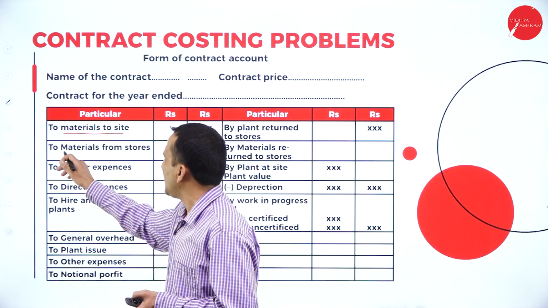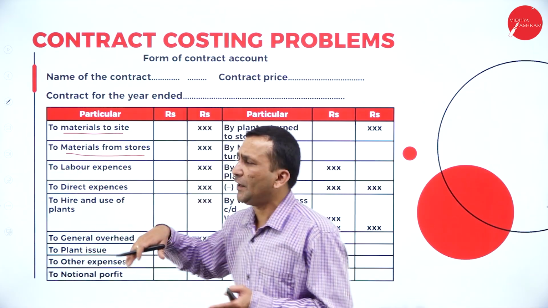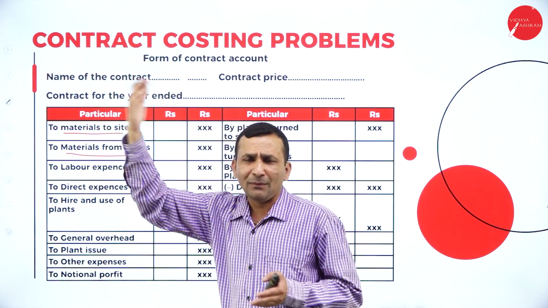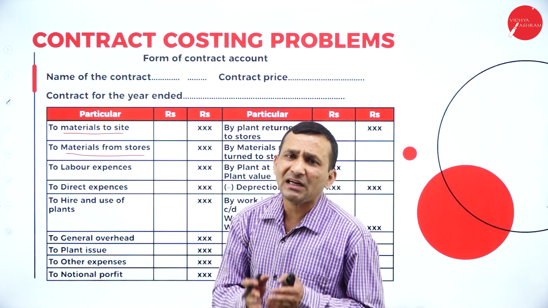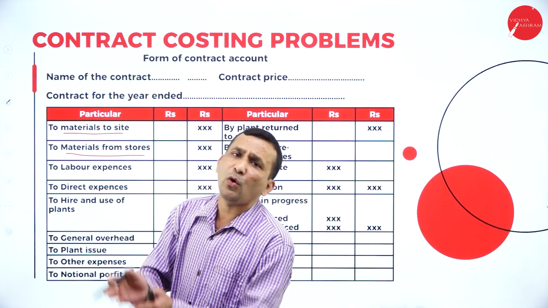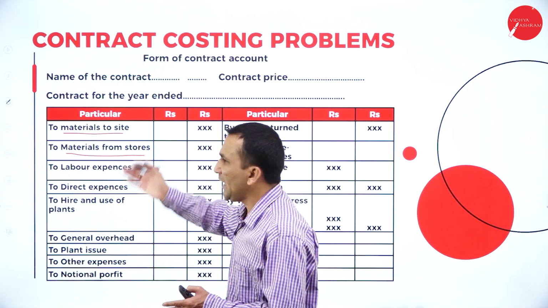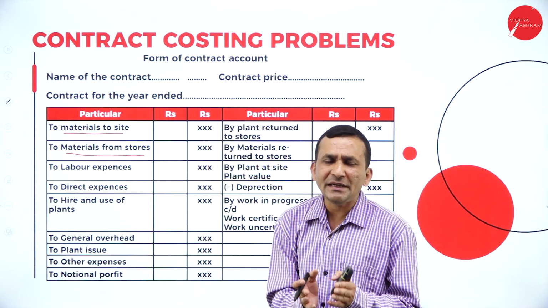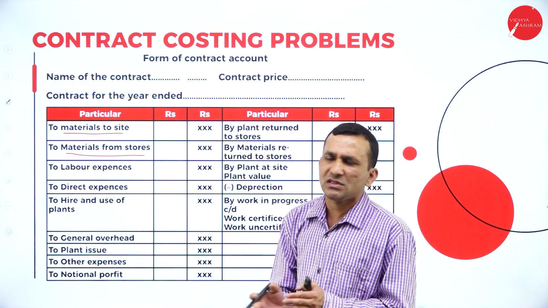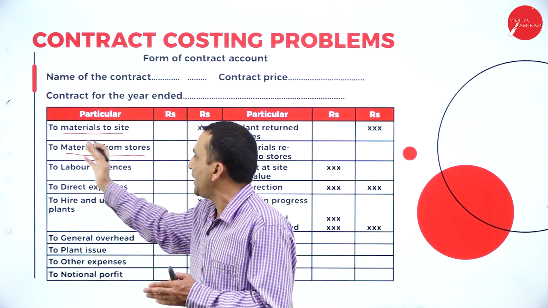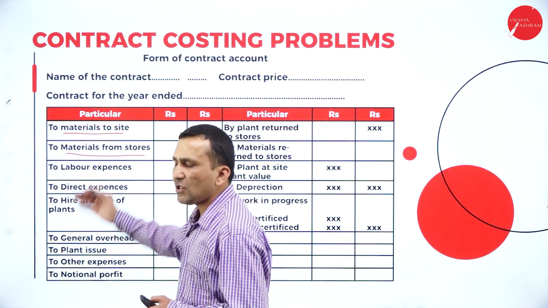Next, material from the store: if the contractor purchases material from the market and it goes directly to the site, or the contractor maintains a separate store or warehouse and the materials go from there, that is also an expense.